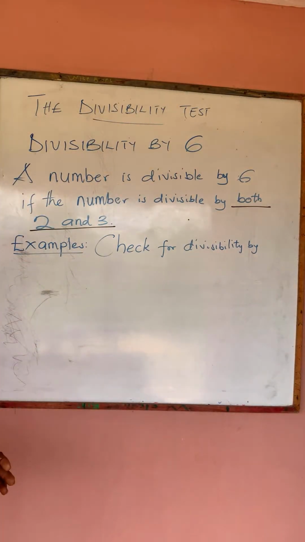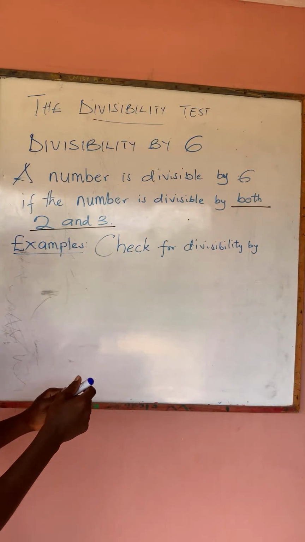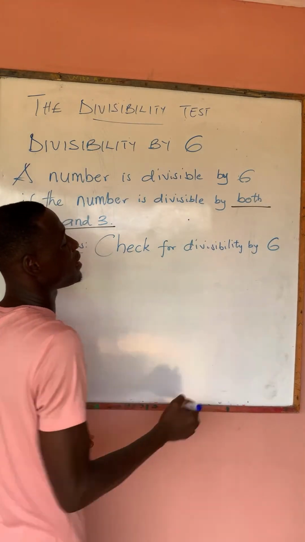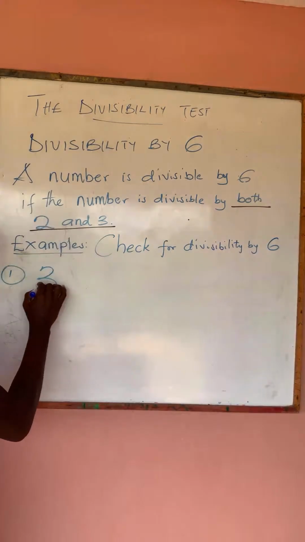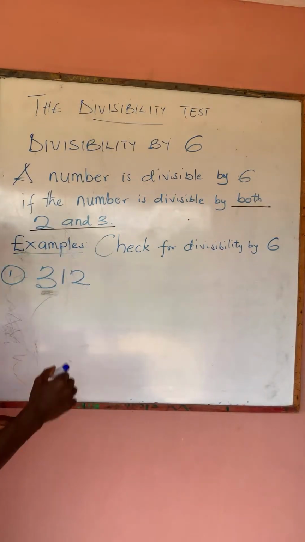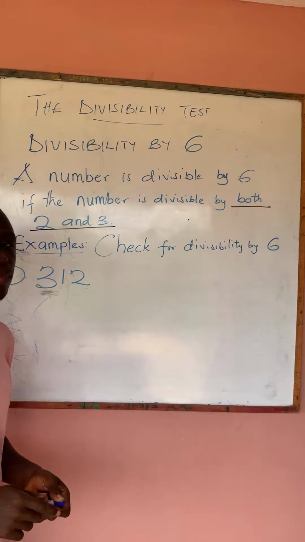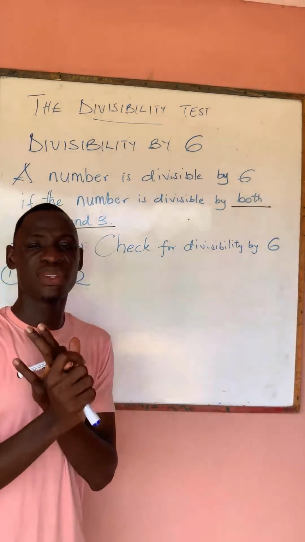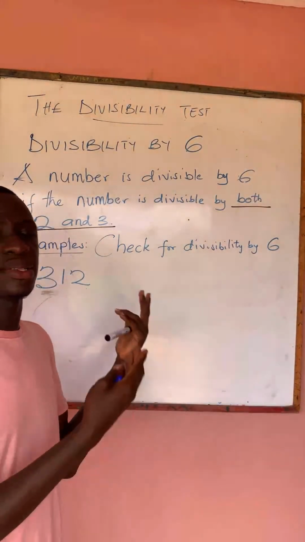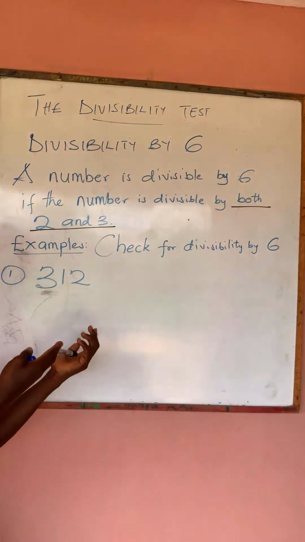Alright, so let's take examples to back this up. Take divisibility by 6 for 312. We looked at divisibility by 2 already and divisibility by 3. I'm just going to apply the two of them in the divisibility by 6.